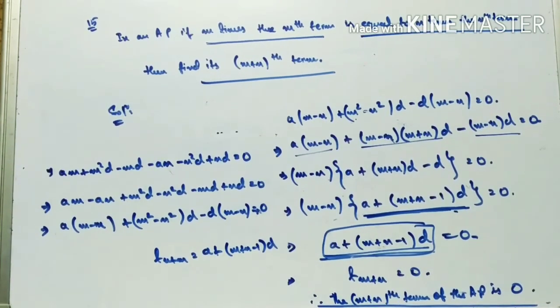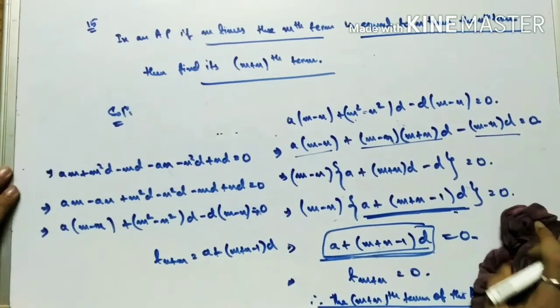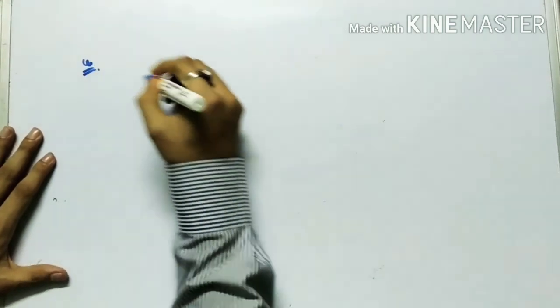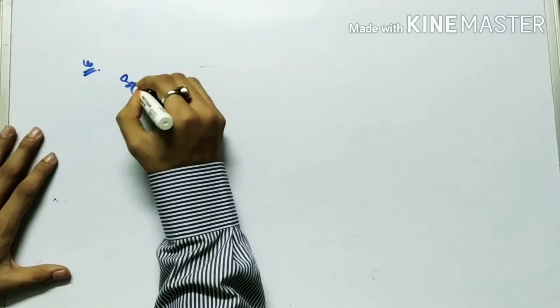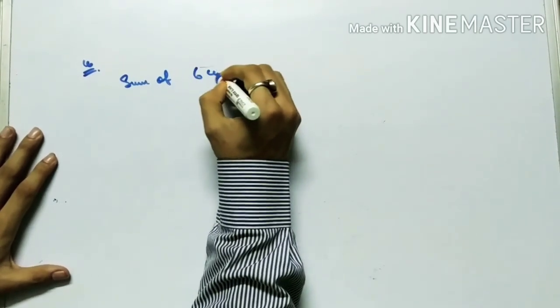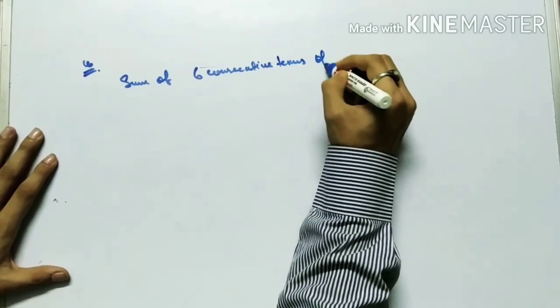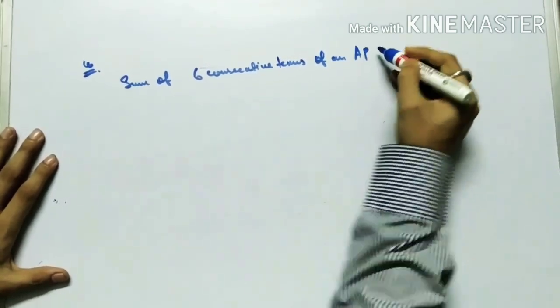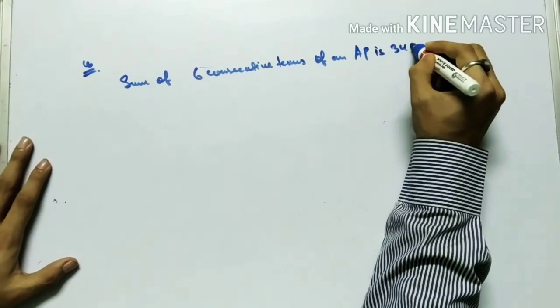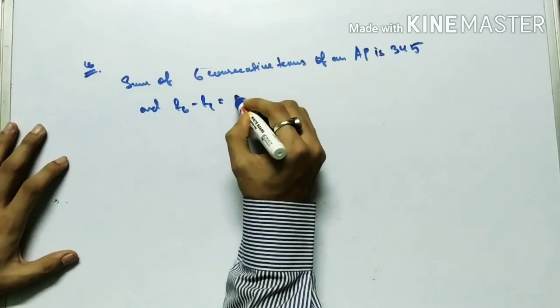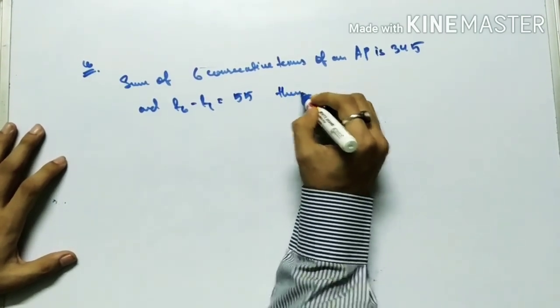So next I will go to question number 16. The question says: if the sum of 6 consecutive terms of an AP is 345 and T6 minus T1 is 55, then find the terms.